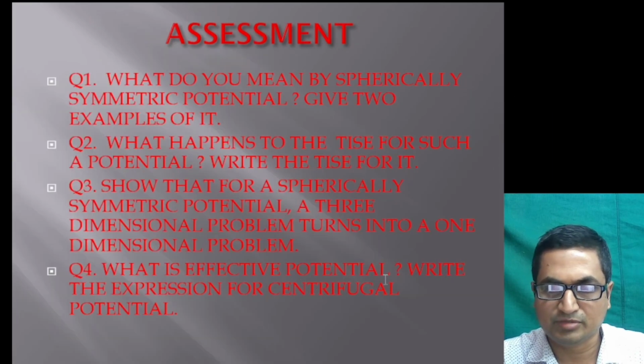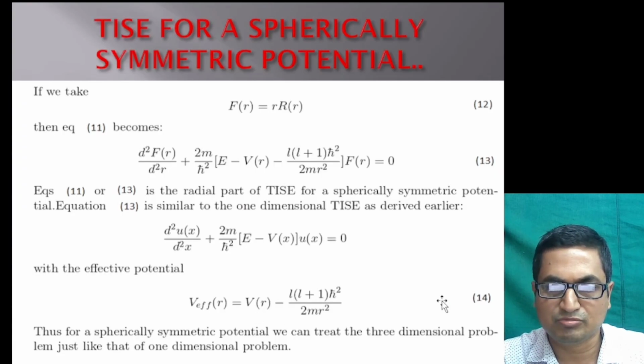And what is the effective potential? Also, write the expression for the centrifugal potential. This is already given in equation 14. The effective potential contains the original potential plus the centrifugal term, and this part is known as the centrifugal potential.